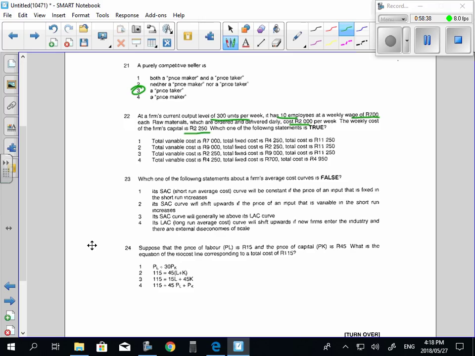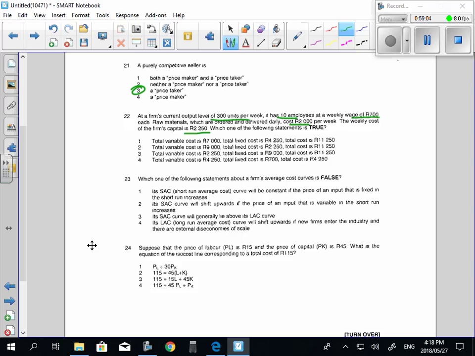The more units you sell, the more raw materials you have to buy. Okay, so both of those costs together would make up your total variable cost. So 10 employees at a weekly wage of 700 Rand, 10 times 700 gives you 7,000 plus the 2,000 for your raw materials. Okay, so in this case, the answer is pretty easy because you can see the only total variable cost that is 9,000 is option 2.